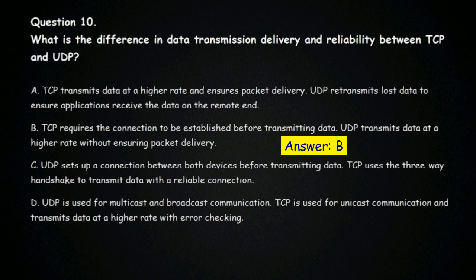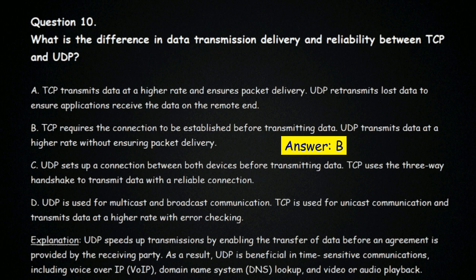UDP transmits data at a higher rate without ensuring packet delivery. UDP speeds up transmissions by enabling the transfer of data before an agreement is provided by the receiving party. As a result, UDP is beneficial in time-sensitive communications, including Voice over IP, VoIP, Domain Name System, DNS, lookup, and video or audio playback.